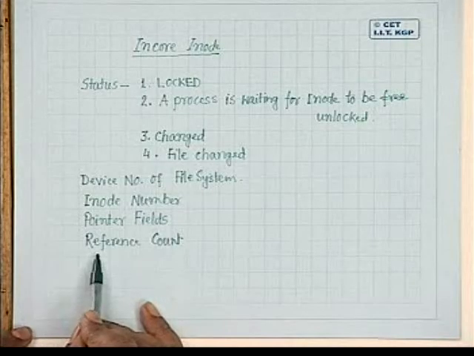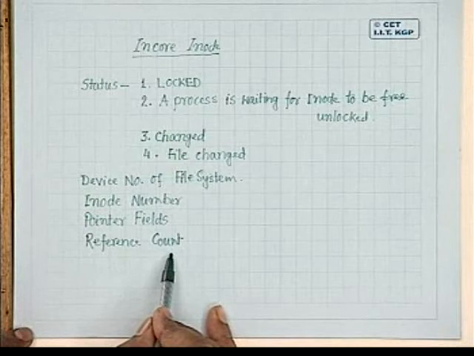If the second process also wants to open the same file, it will find that the corresponding inode is already present in the main memory. I have an in-core copy of the corresponding inode. So this inode need not be copied from the secondary storage to main memory once more. Rather, you just increment the reference count field.